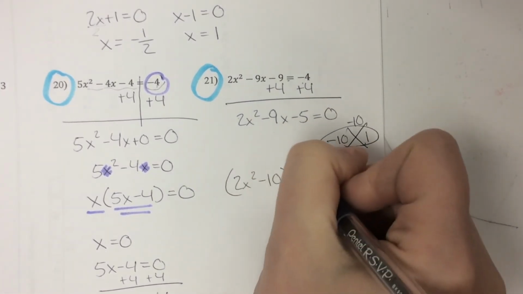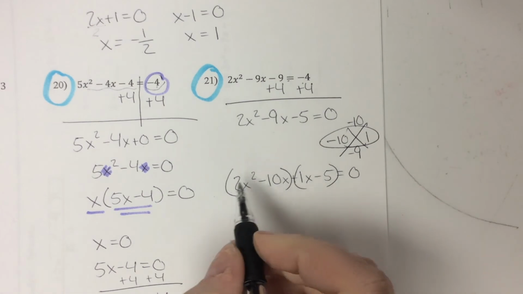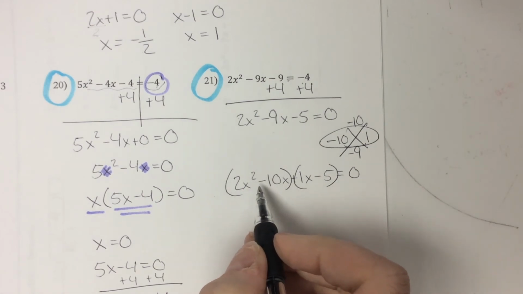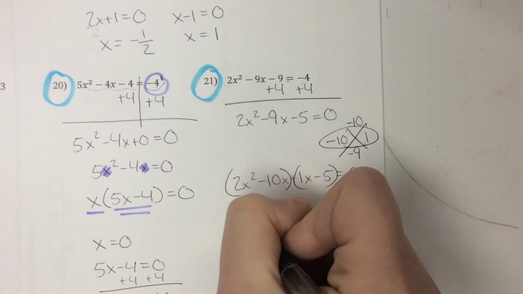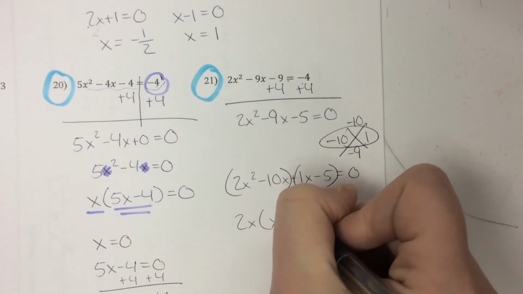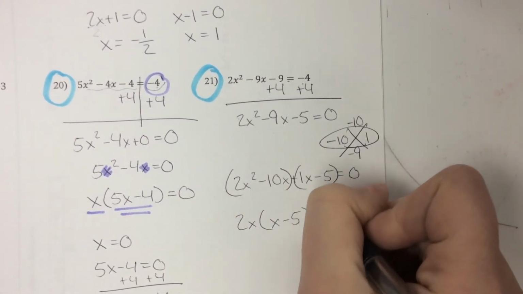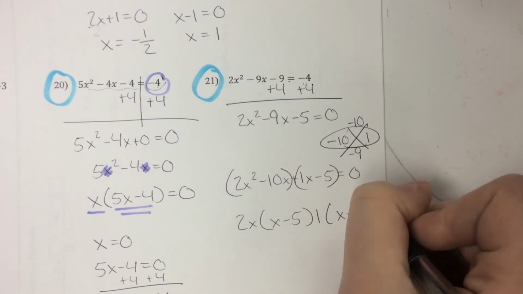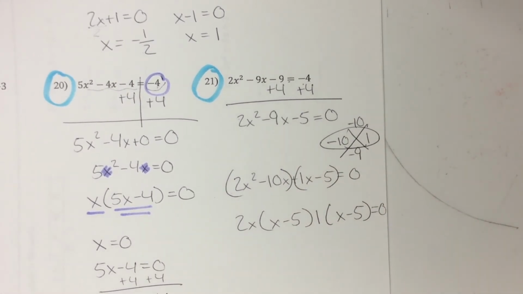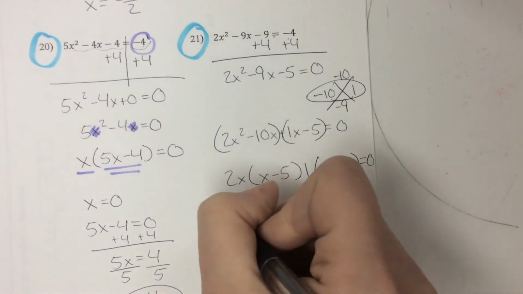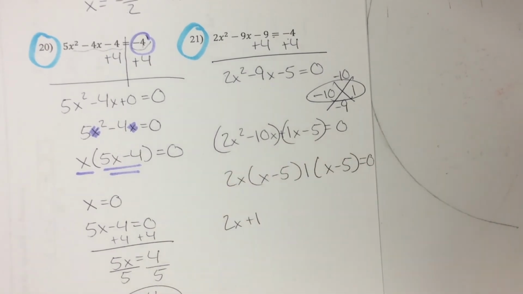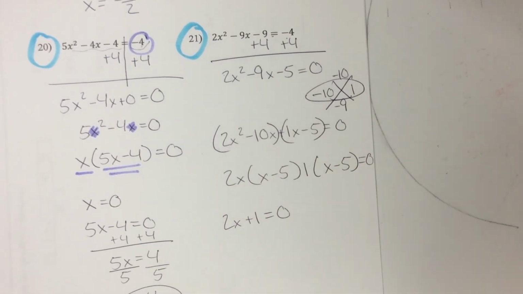Group. 2x squared, 10x. I can take a 2 and an x. I have x minus 5. Over here, already have x minus 5, so let's just factor out a 1. So we have something to go with our friend 2x. So now it's 2x with the 1. They're equal to 0.